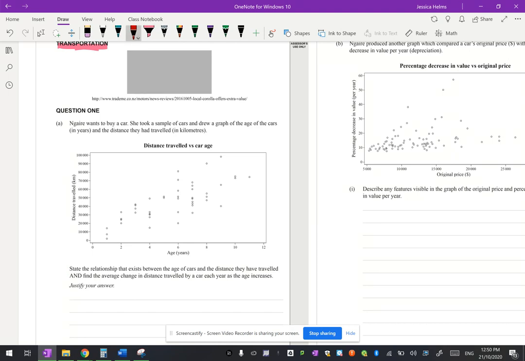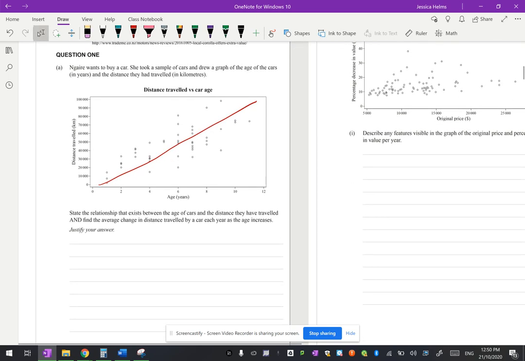So if we were to draw a line of best fit on here, it would look a bit like that. And we can definitely see that there is a positive, moderately weak or moderate relationship, and this is linear. So moderate, linear, and positive.